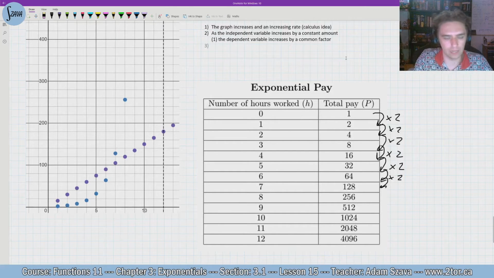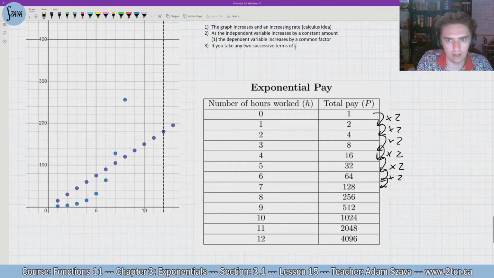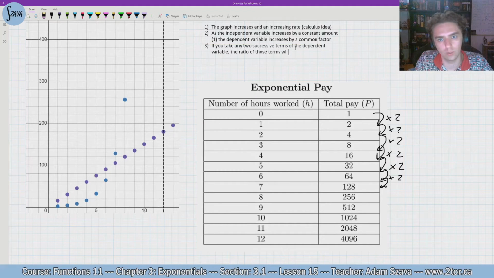So the third property is that if you take any two successive terms of the dependent variable, the ratio of those terms will be constant. Let me explain what that means.